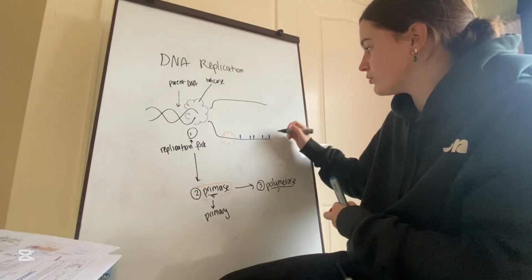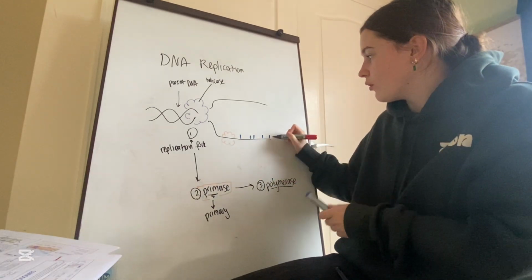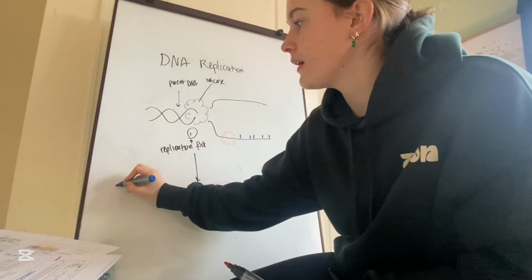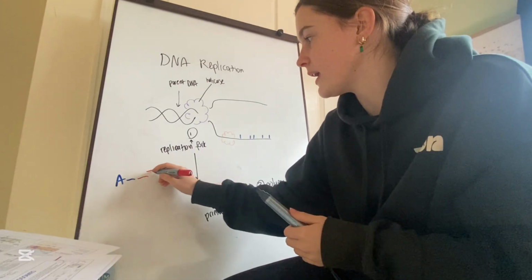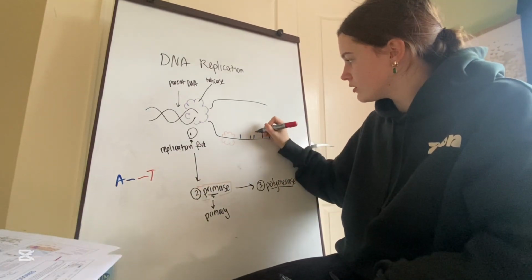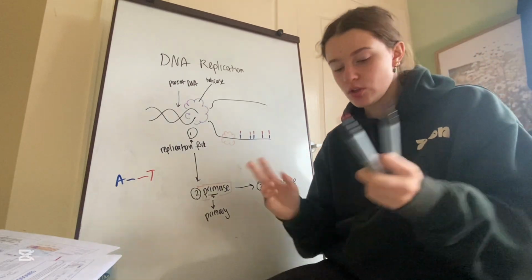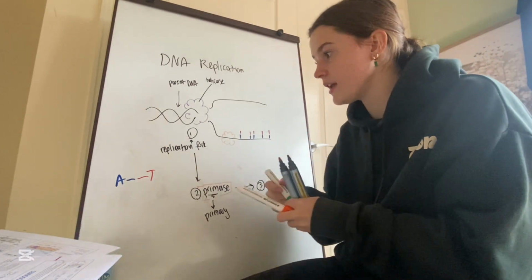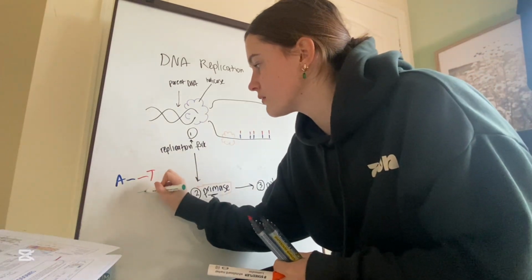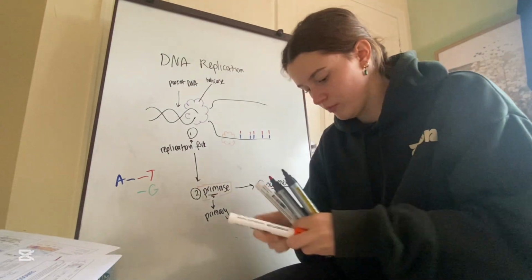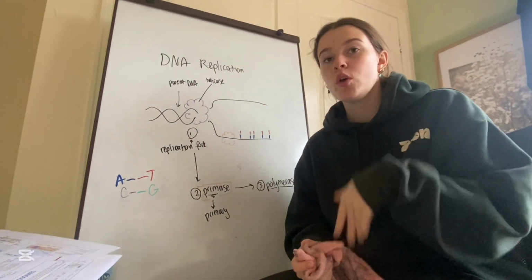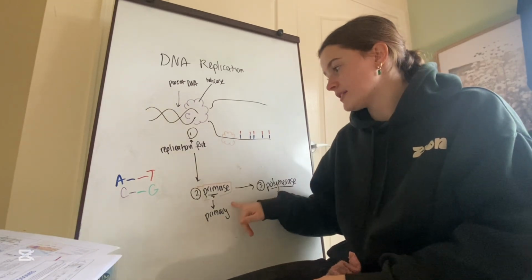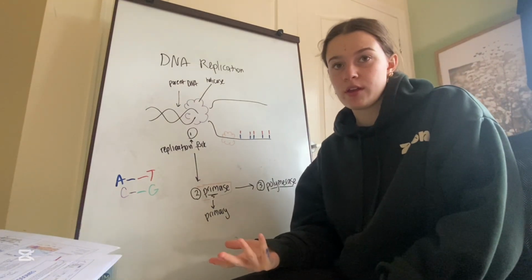The polymerase will go, obviously we knew that A attaches to T, so we can attach a T to all of them. Super easy. That makes sense, right? I'll keep this over here so that we can remember this. The polymerase then attaches the rest of the DNA.